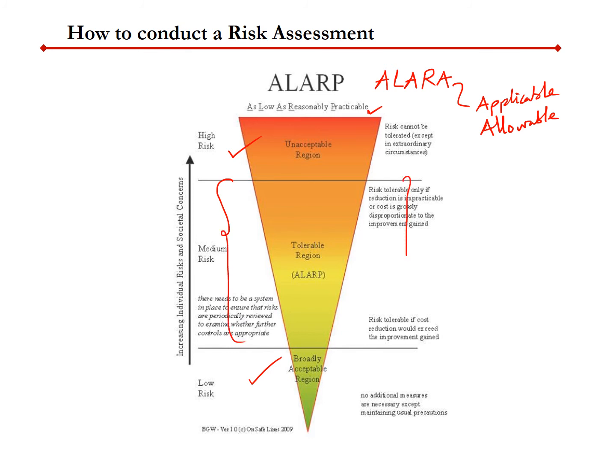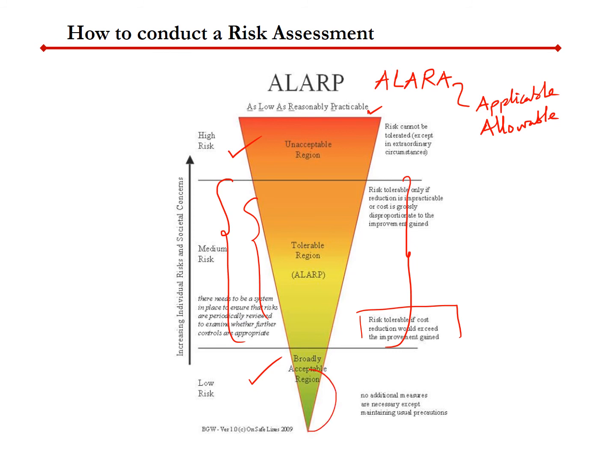So how do we decide that risk has been reduced to the ALARP region? We can only decide that once we see that the cost to bring down the risk any further will exceed any perceived benefits. You see, it says here risk tolerance applies if the cost of reduction will exceed the improvement gained. If the cost to bring down the risk further is not worth it, then we say the risk is in the tolerable region.